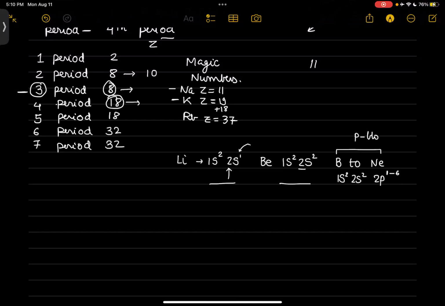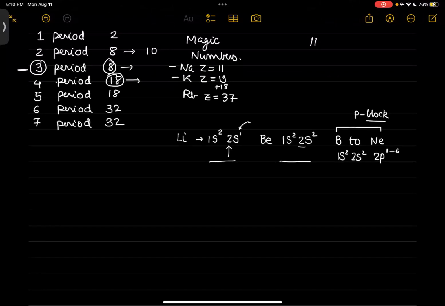Because the second shell doesn't have any D subshell. The second shell has only 2 subshells, right? So we don't see a D block element in the second period. I hope this is clear to you, right?